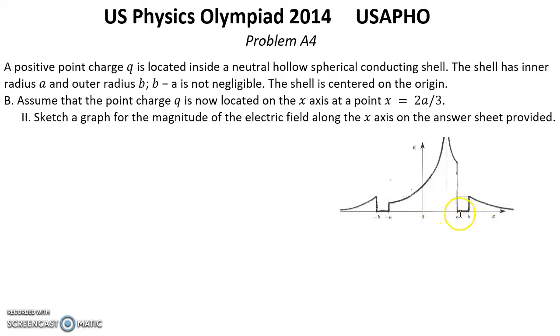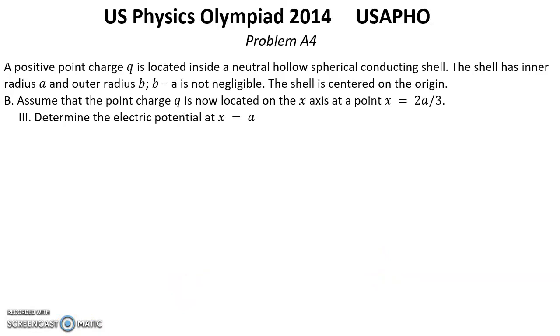After that we have zero field between a and b from both sides, and inside the shell, for x less than a, we have a divergence at x equal to a over 3, and a kind of complicated field, but still inversely proportional to 1 over r squared, where now r is the distance to the point a over 3. So that's the solution.